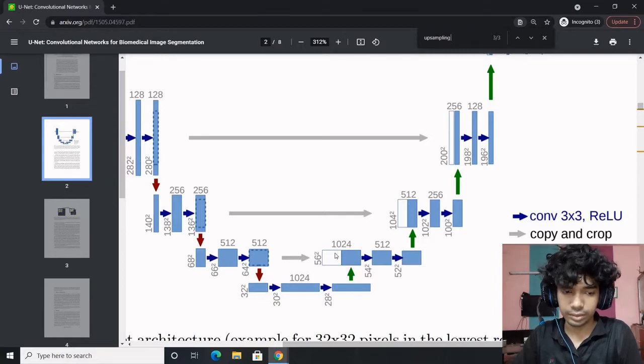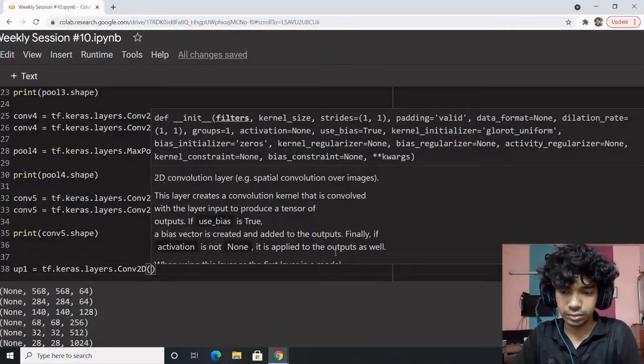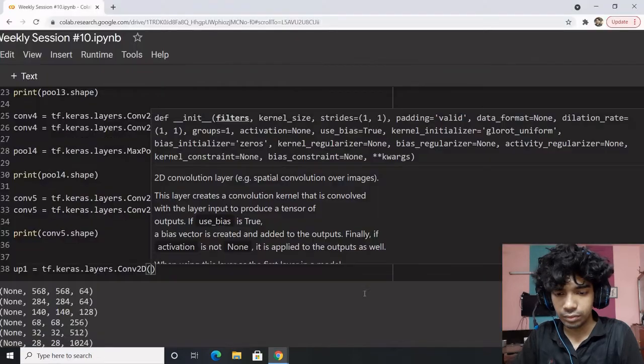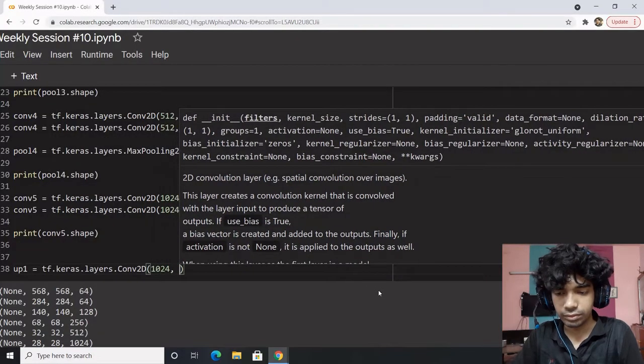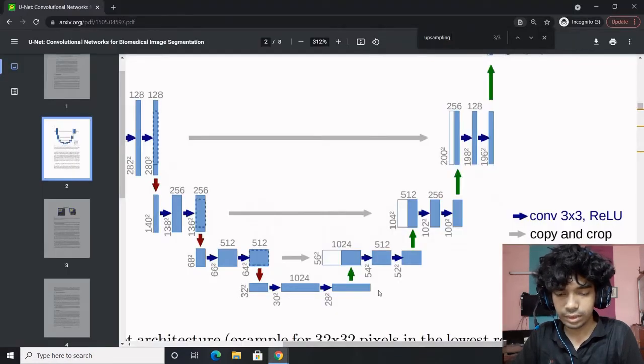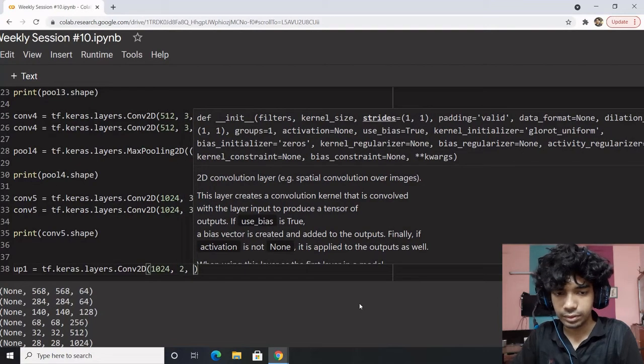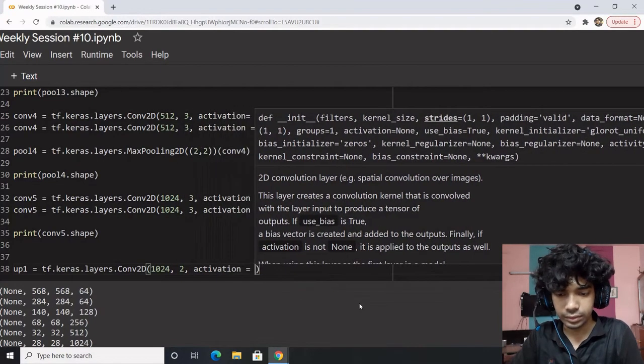Alright. Filters, I think, is 1024 filters, and kernel size is 2, activation equals relu.